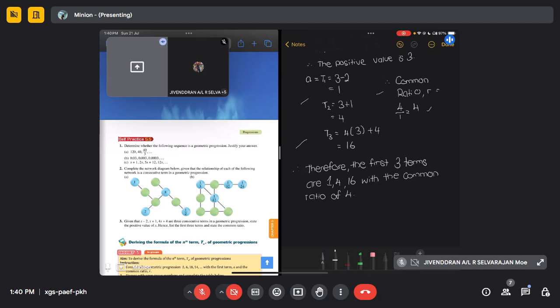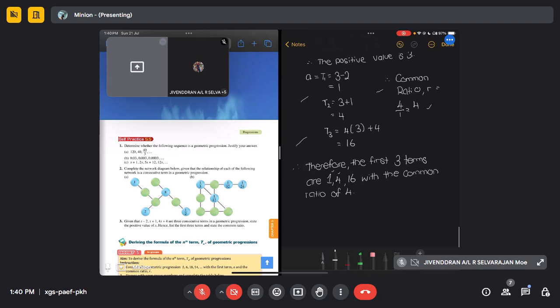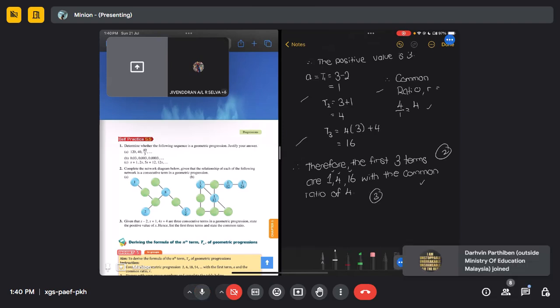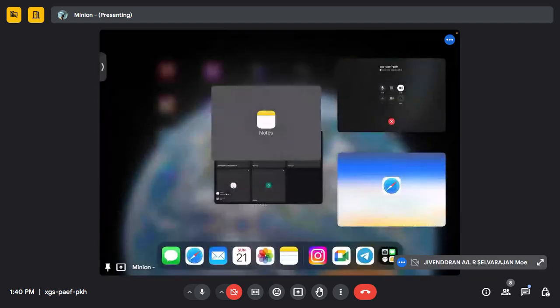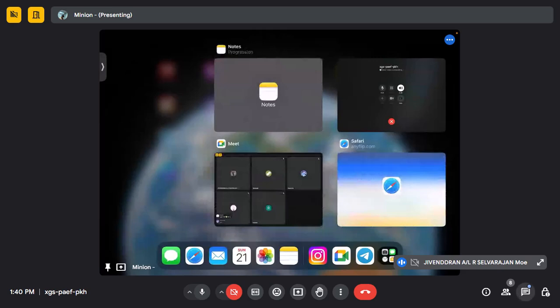And I've also written here 1, 2, 3. This is the second mark. And the common ratio also I've written. So this is the third mark. Okay, now continuing with the next part.